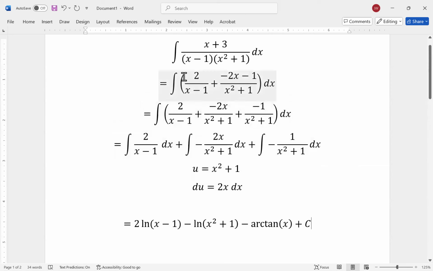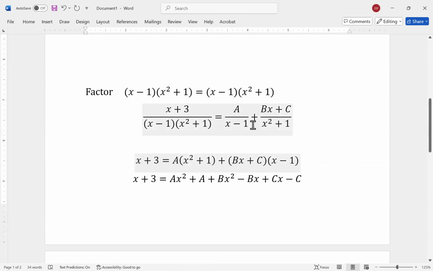But there you go. The key thing there was that with the factoring, when we had a quadratic that we couldn't factor, we put a linear as our numerator and the quadratic as our denominator. And with the linear piece, we need a coefficient on the x and a coefficient for the constant.